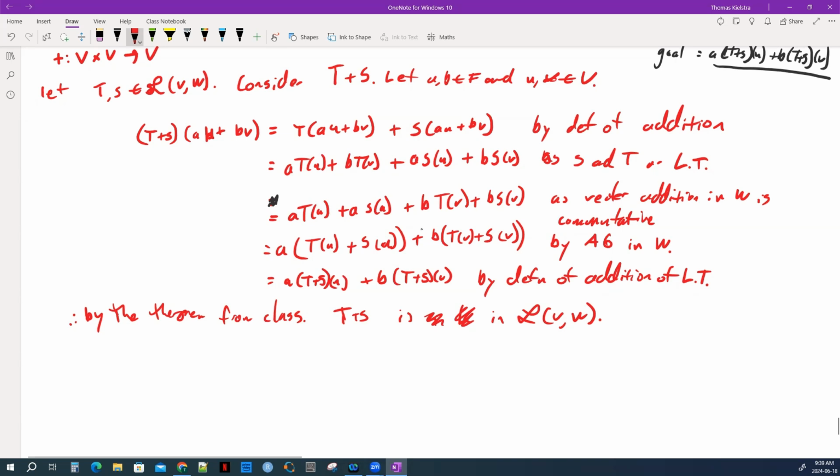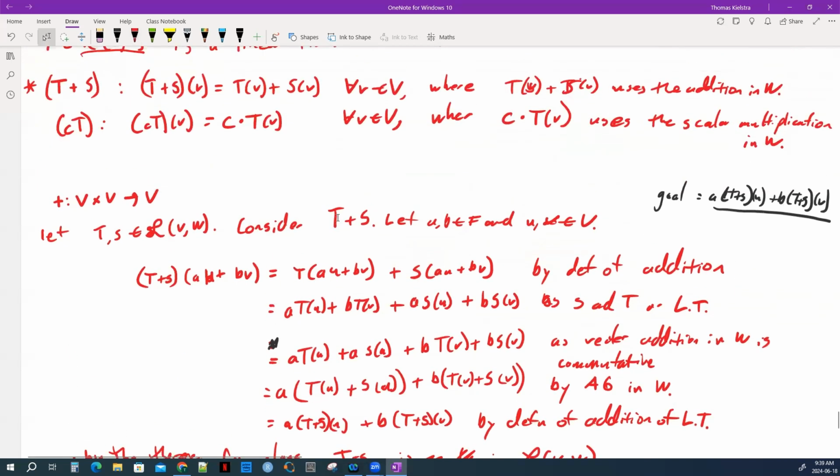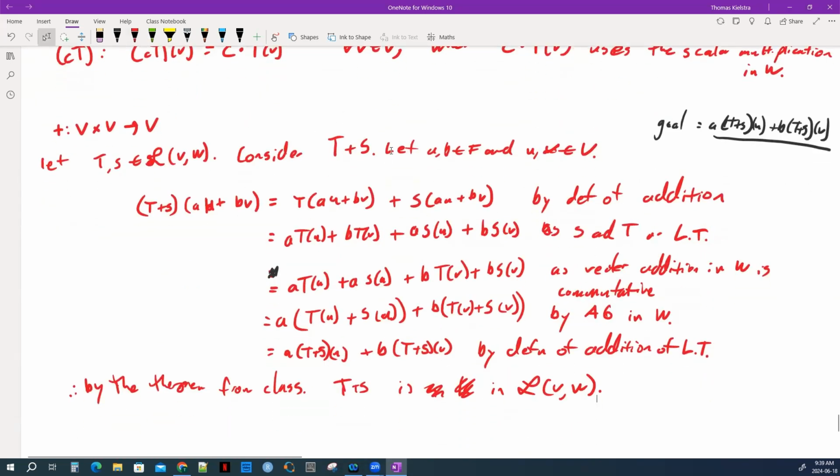It's any linear transformations. It's not the vectors V, it's not the vectors W. It's the linear transformations from V to W.